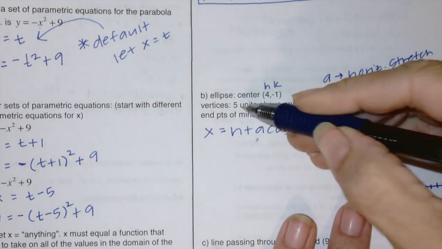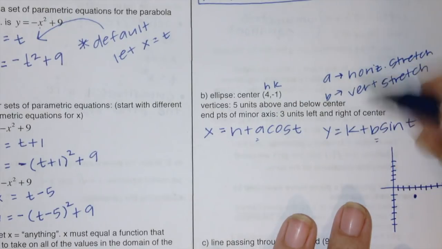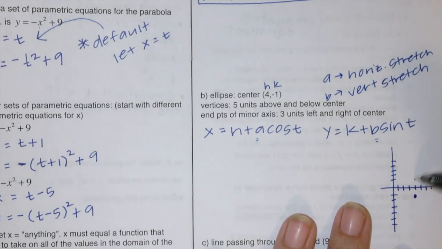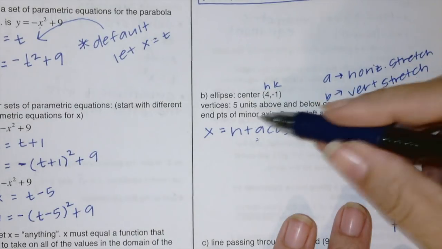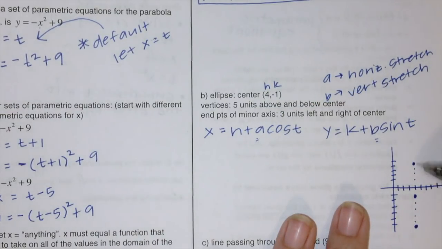The vertices are 5 units above and below center. 1, 2, 3, 4, 5. And the endpoints of the minor axis, if these are the vertices, those are the major axis. The co-vertices are on the minor axis. So it's 3 units to the left and right. Okay, so here's my ellipse.